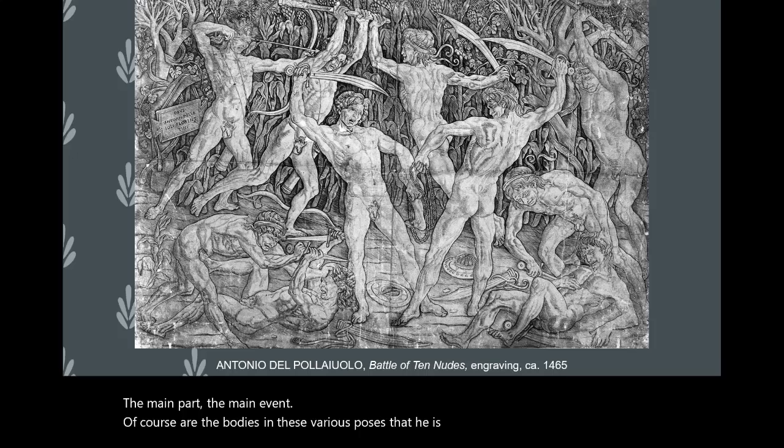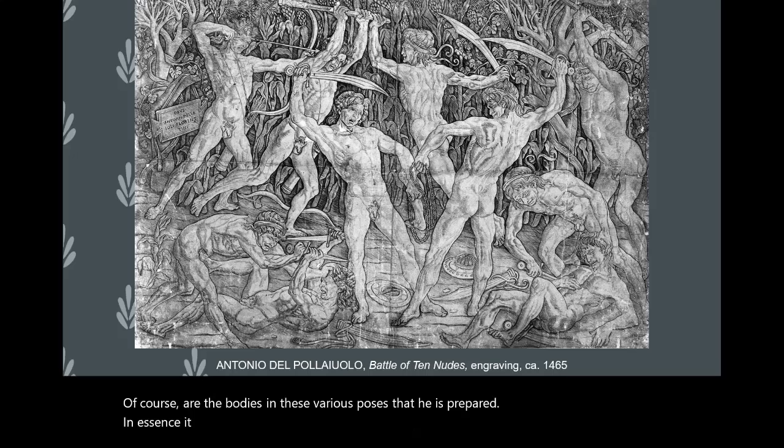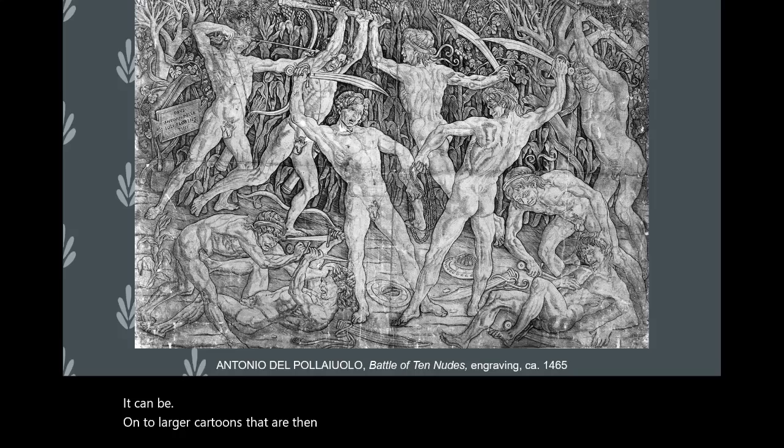In essence, it advertises him as a virtuoso of designing, drawing the human body. An engraving like this can be reproduced. It can be drawn onto larger cartoons that are then used for fresco. So it is literally, as well as figuratively, the basis for all of Renaissance art.